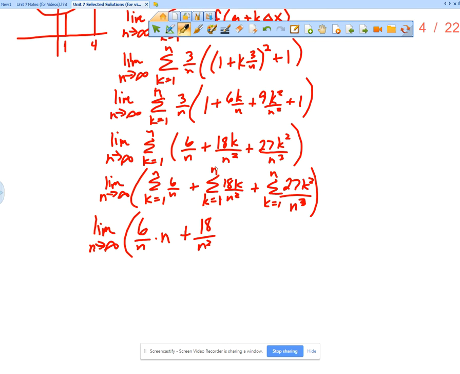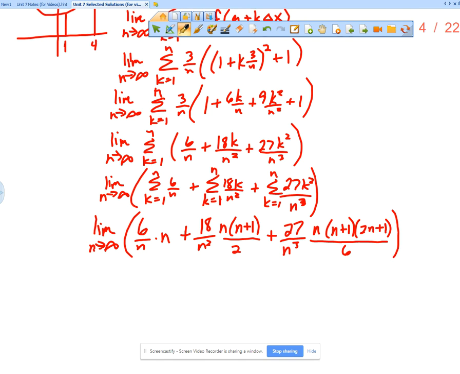Then I have the sum from k equals 1 to n of just k. That is n times n plus 1 over 2. Then plus the last summation. Just like earlier, I can take the 27 over n cubed out, and I'm left with the sum from k equals 1 to n of k squared, which you might remember is n times n plus 1 times 2n plus 1, all divided by 6.